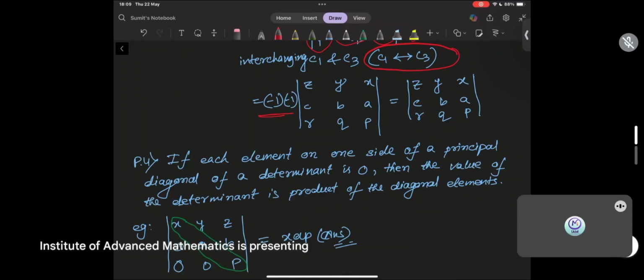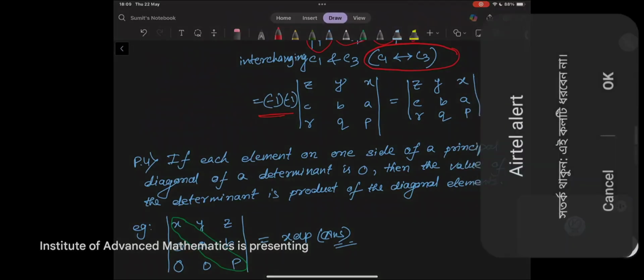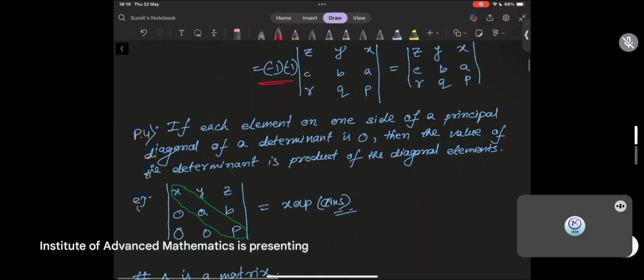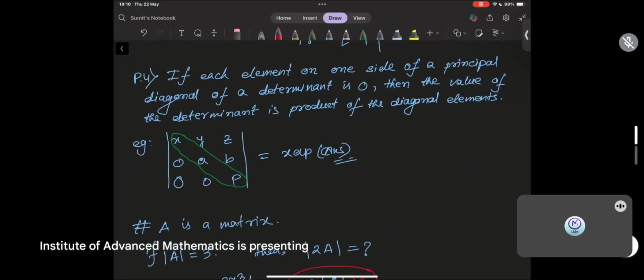The left diagonal is called the principal diagonal. One side means this side can be 0, or this portion, y z b, this portion also can be 0.